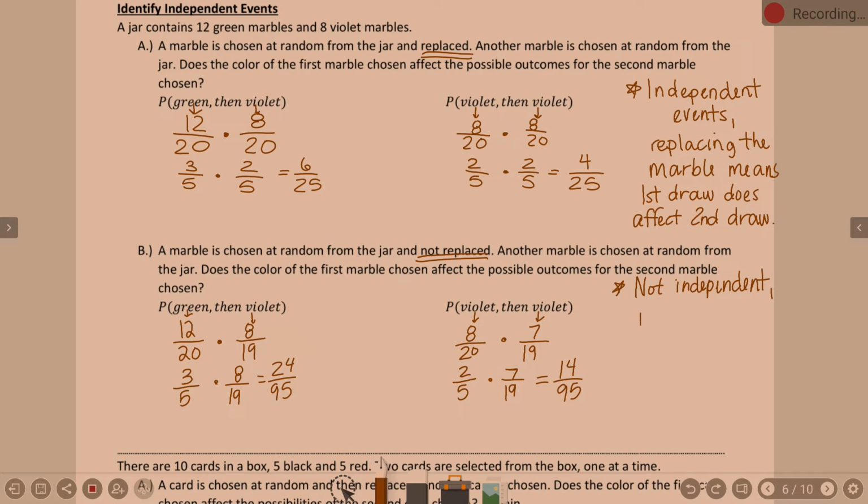And that's because not replacing the first marble affects the second marble.